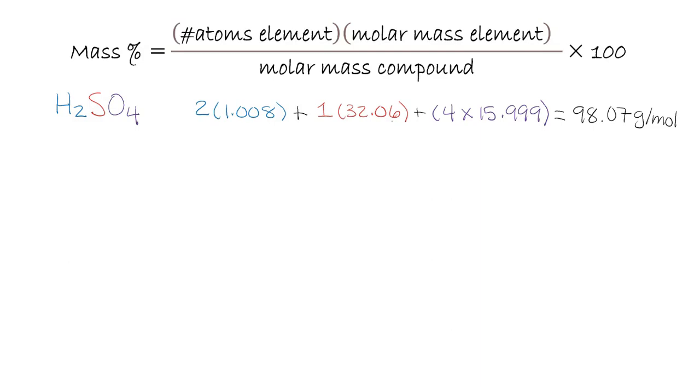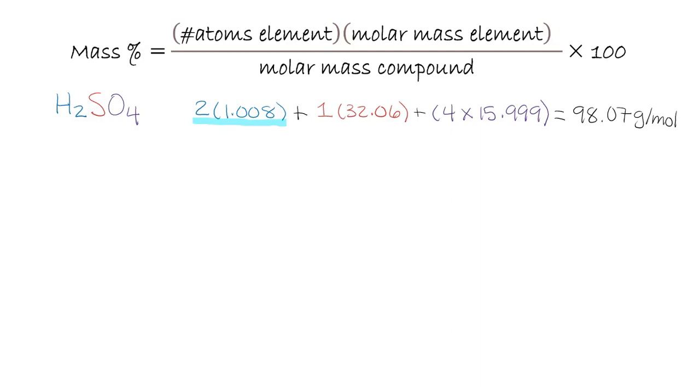Notice that sulfur only has 2 decimal places, which is the fewest number of all of the molar masses that are here, so our final result is rounded to 2 decimal places. Next, we set up the contribution from hydrogen divided by this molar mass. Notice how the part we need, the number of atoms of element times the molar mass of the element, for hydrogen is already here.